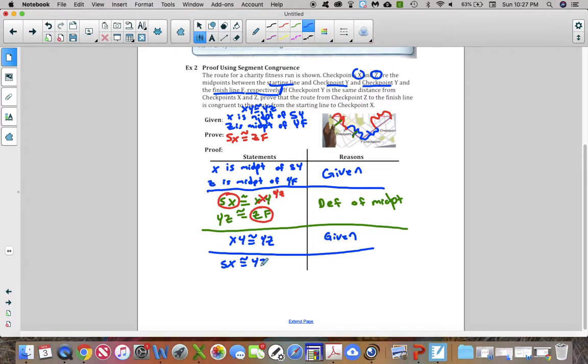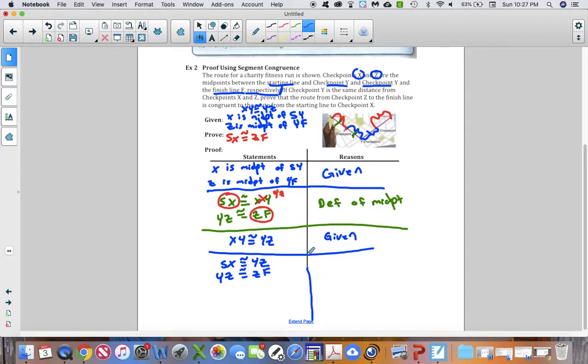I'm basically going to plop him in there because that's what XY is congruent to, YZ. And then I'm going to leave the second statement alone, so he's just not going to change, I'm going to tag him along for the ride. So I have this going on now, ZX and YZ and YZ and ZF, okay?